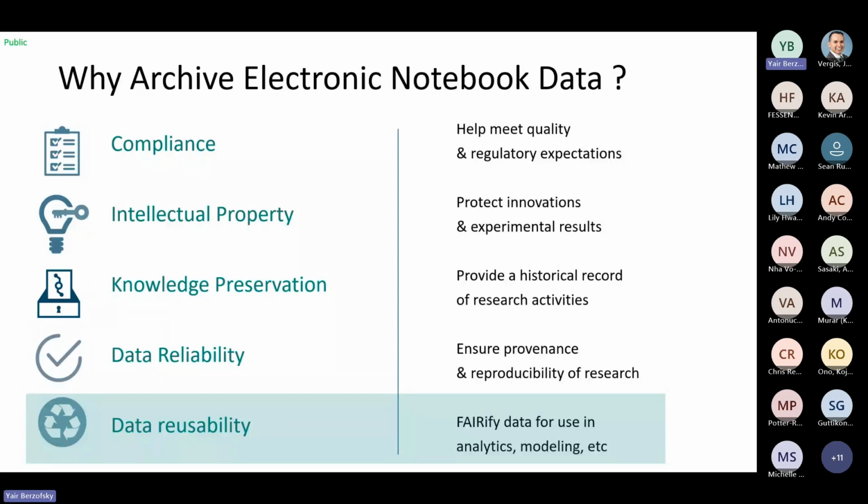Additionally, to maximize the value of the data, it must be represented with consistent context and structure to ensure it is reusable for scientists throughout the organization now and in the future.